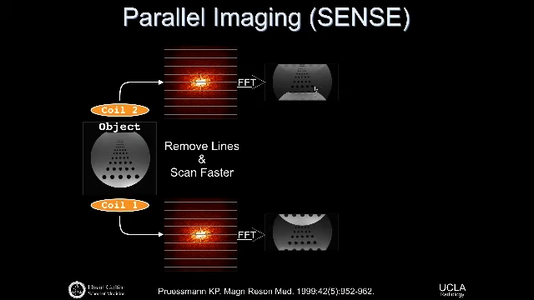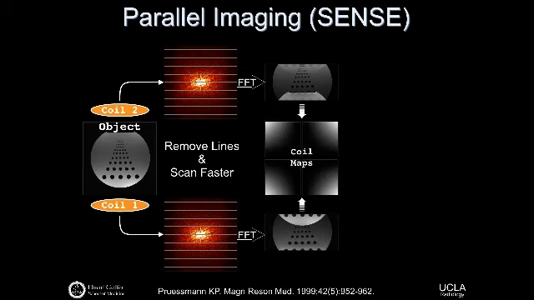But if you look carefully, these two images look quite different in that this has a really bright aliasing artifact at the top, and that same aliasing artifact up here is a little bit darker because that part of the object is far away from coil 2. It's this stuff down here. So the point is that when we reconstruct images from the individual coils, they look substantially different, and there's a way of dealing with that, so-called parallel imaging.